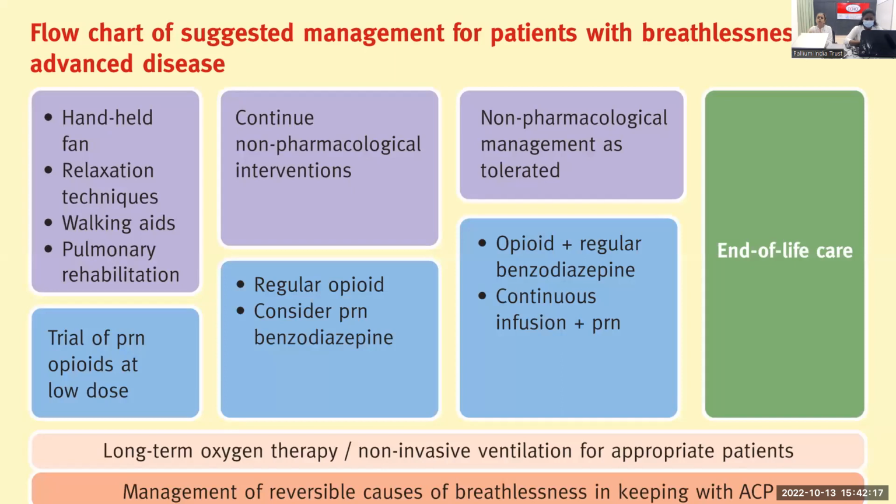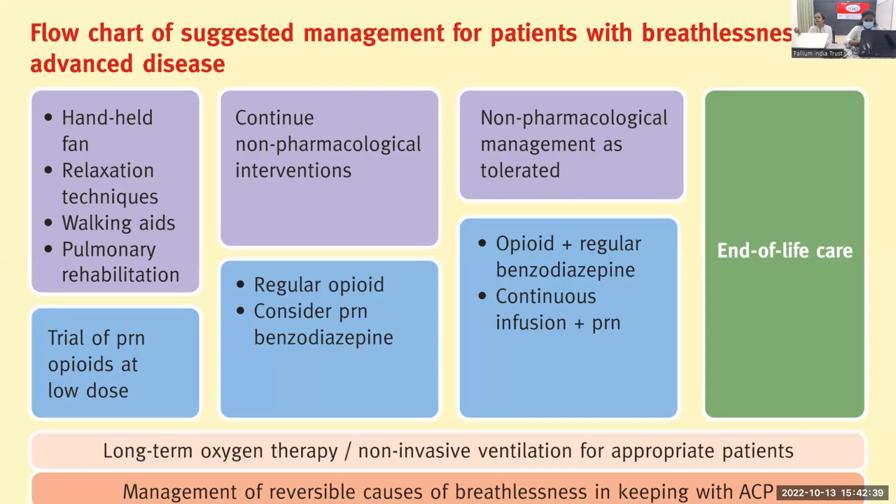So this is one flow chart. And you can see the first thing is non-pharmacological, right? I'm not jumping into morphine there, right? You use a fan, you use relaxation techniques, walking aids, rehab, maybe small exercises. Wherever this patient is, continue the non-pharmacological management as much as they tolerate.